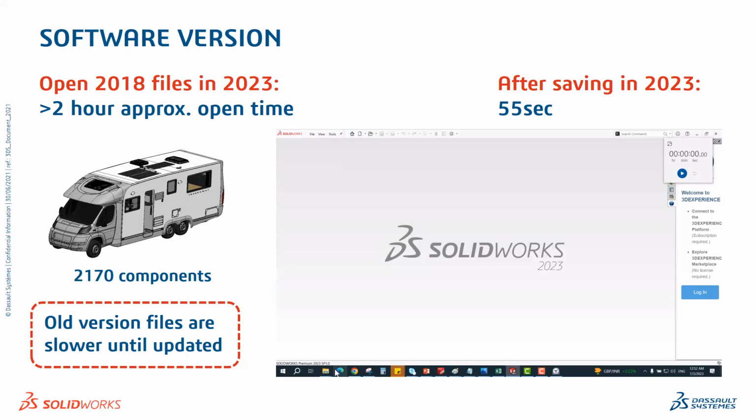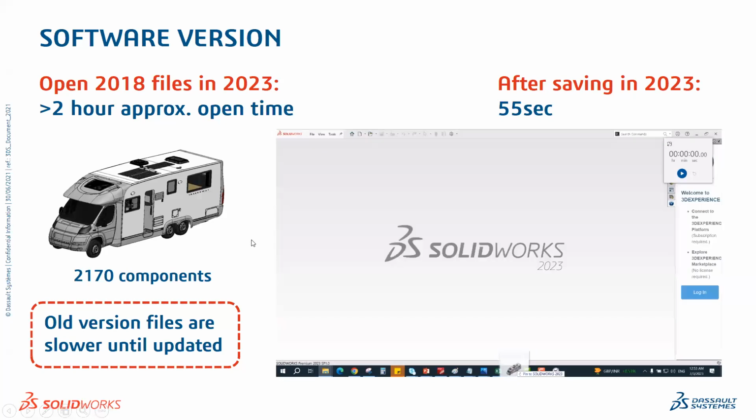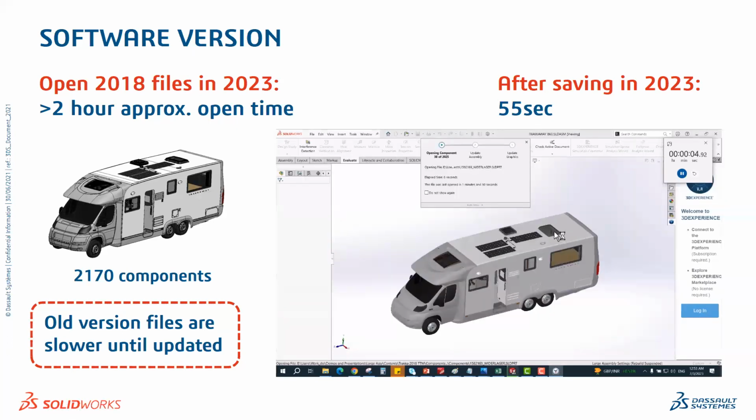All the updates take so much time. But when I opened this same file after saving it in 2023, it took just 55 seconds. You can calculate how many times faster that is.